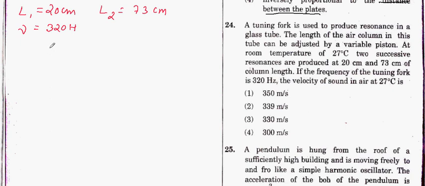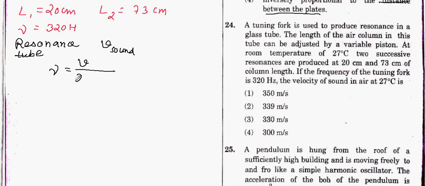Now this is a question related to the resonance tube, and it's a practical based question in physics. All of you know that the velocity of sound can be calculated with the help of a resonance tube. The frequency is given as velocity divided by 2 into L2 minus L1.